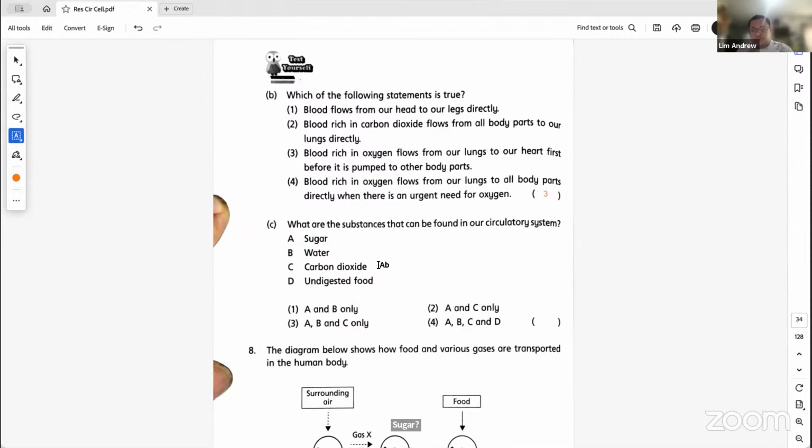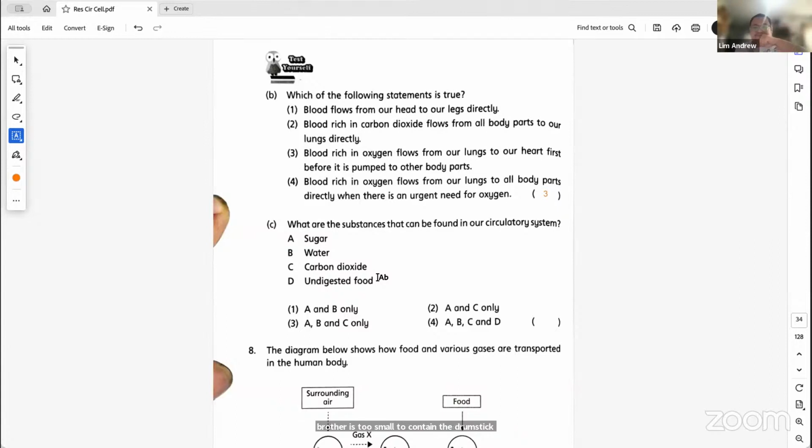Carbon dioxide, sure, because the body uses up oxygen and produces carbon dioxide. However, you will not find undigested food in your bloodstream. Can you imagine you have one whole chicken drumstick traveling into your blood vessels? Your blood vessel will explode because the blood vessel is too small to contain the drumstick.